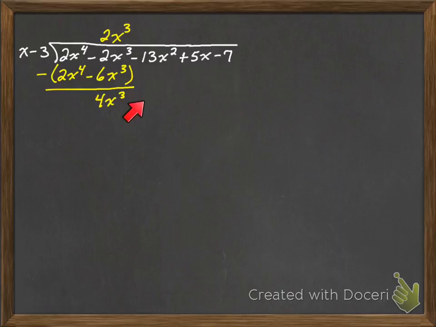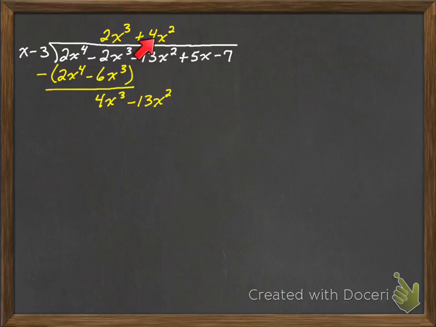Bring down the next term, and repeat the process. X multiplied by what will give you 4x cubed? That would be 4x squared. Once again, it is lined up above the other x squared.